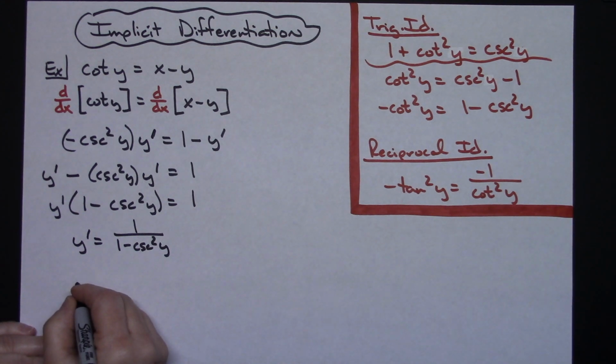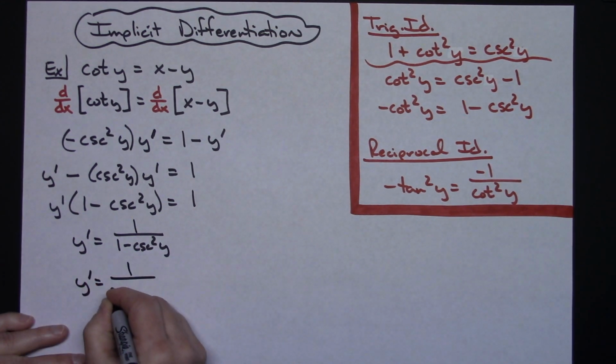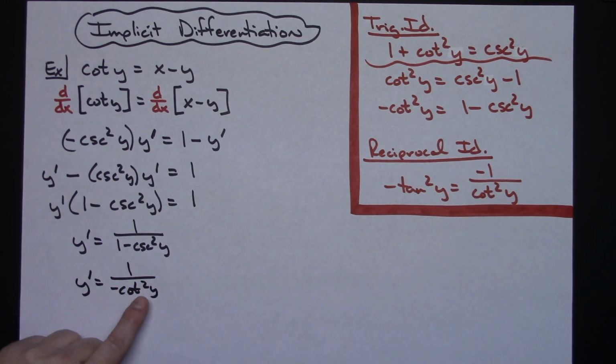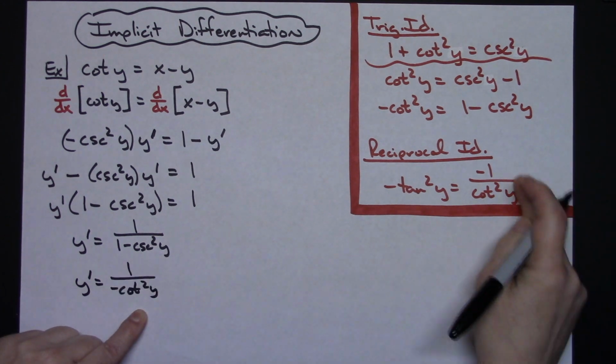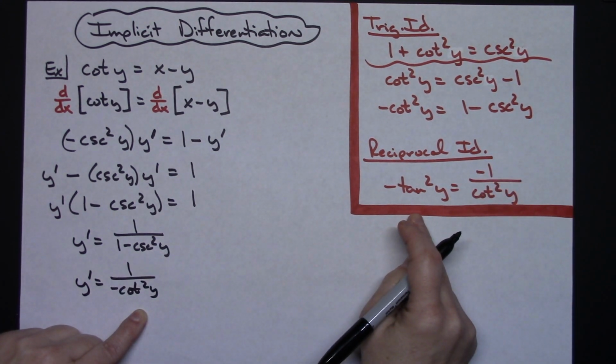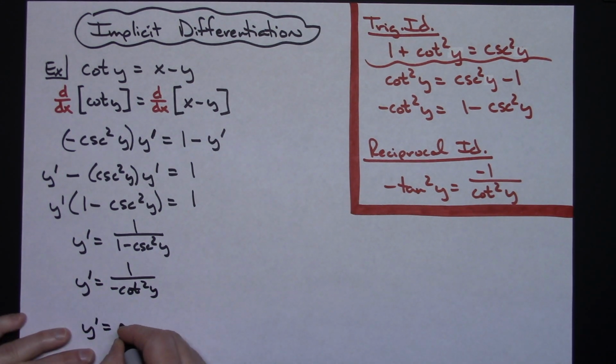So I can do a substitution there, and I can have y prime equal to 1 over negative cotangent squared y. And then again, recognizing this as one of the reciprocal identities, I can replace it with negative tangent squared y. So all that last part does is just clean up the answer.